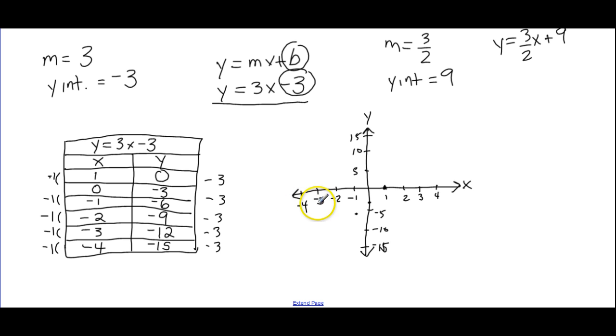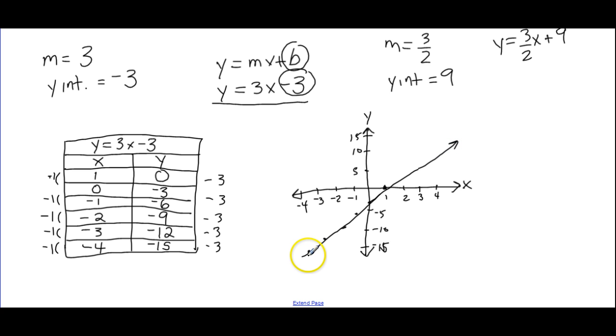X is -2, y is -9, about right there. X is -3, y is -12, about right there. And x is -4, and y is -15, right there. And I can just connect all those points with a straight line.